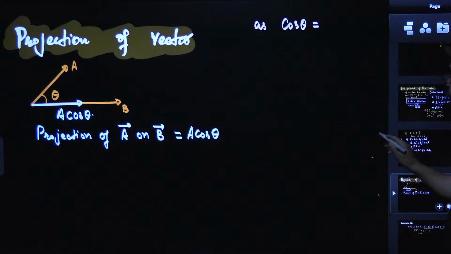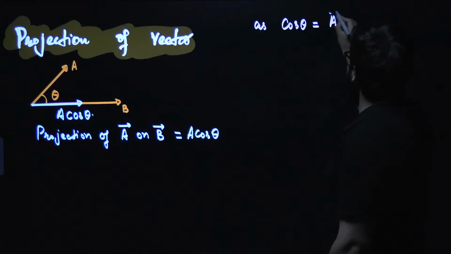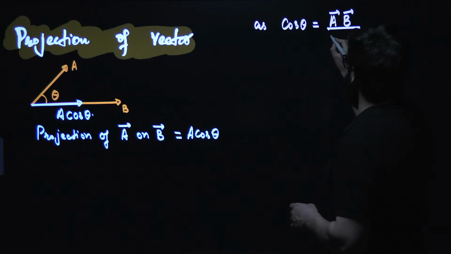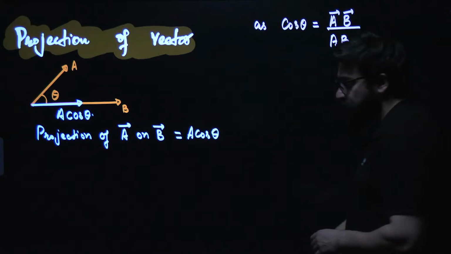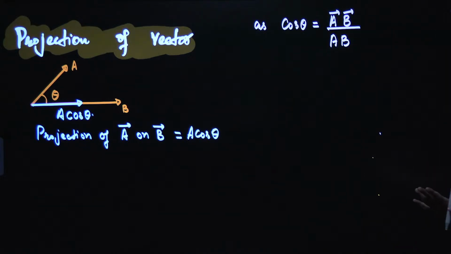So I can write over here, it is simply A vector dot B vector upon A into B. Either you say mod of A into mod of B, or you say simply A into B. It's one and the same thing.